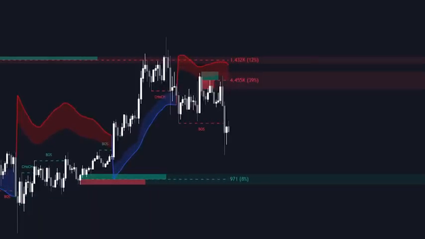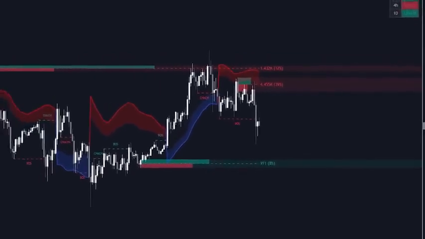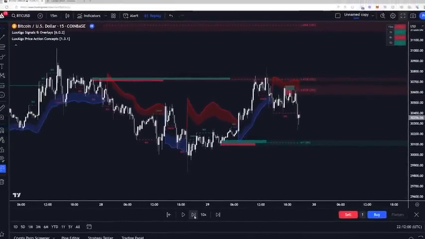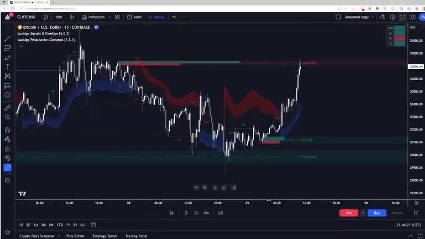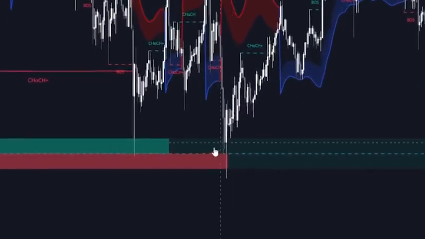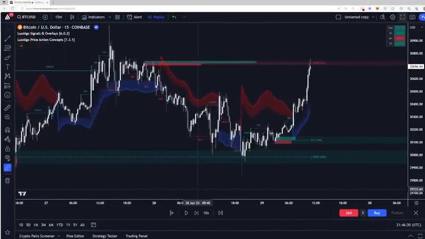Same thing the other way around when you see there's more selling volume compared to the buying volume. You can consider that the sellers are exhausted and maybe you're looking for some sort of short squeeze as price goes into an order block down below with more selling volume, right? You can see that right here. That's a perfect example as well. This is a great interpretation when using the order block specifically.